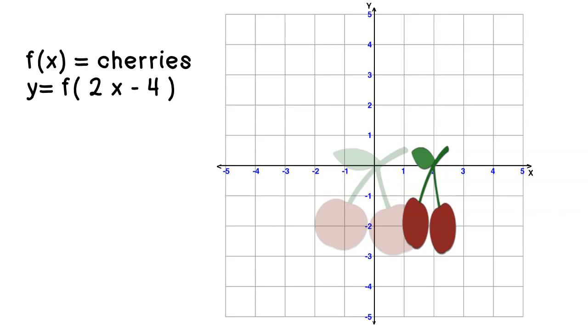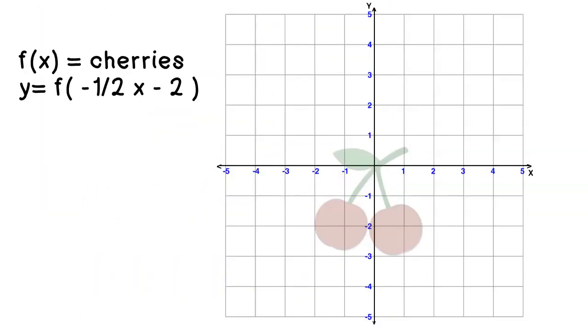Now we're going to combine a bunch of this. We're staying inside the function, so everything's going to be backwards, but everything's going to be horizontal. So notice we have a -1/2 x minus 2. So first, that's going to shift it to the right 2 because we're following order of operations backwards. And then it's going to double the width and flip it across the y-axis, flip it horizontally.